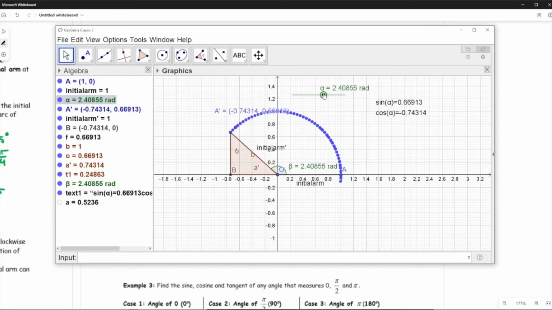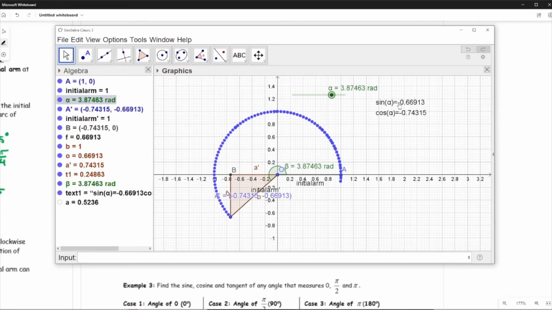So look, cos is negative, sine is positive. Then we go into quadrant 3, and now both of them are negative. Both x and y are negative in quadrant 3, and quadrant 3 is values that are bigger than pi but smaller than 3 pi over 2, or maybe more like you're used to, they're bigger than 180, they're smaller than 270.